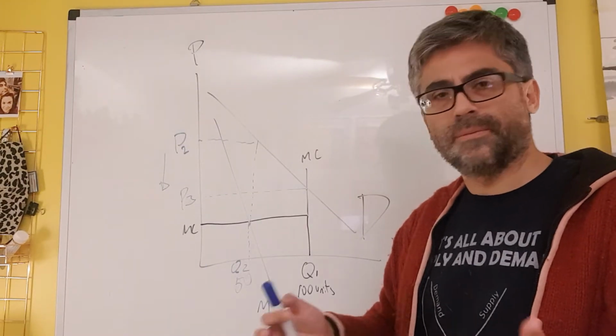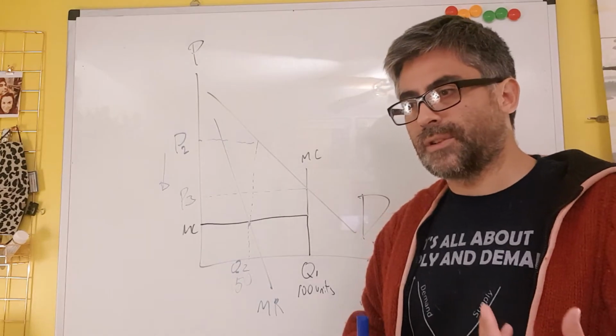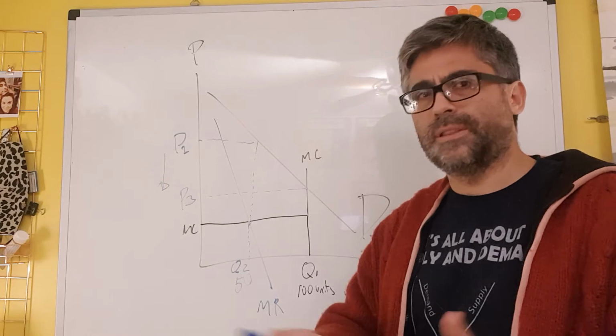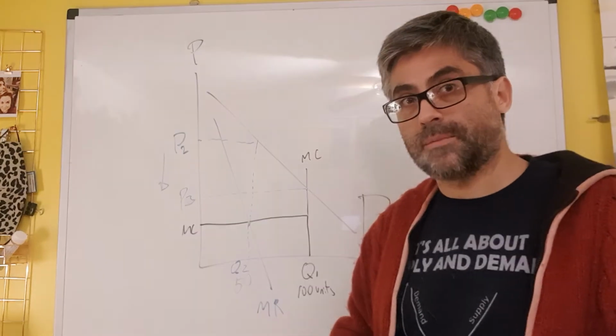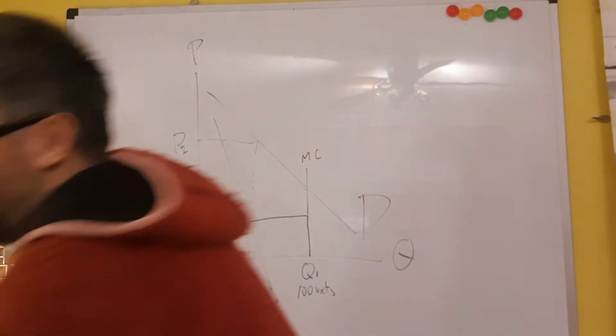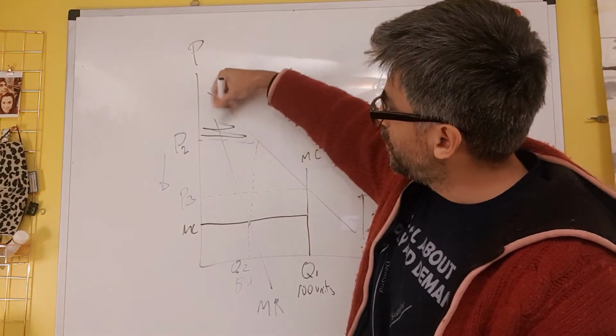And if you intuitively think of it, if the plane is going to take off in a couple of days, you might as well fill the empty seats and get some revenue from it, even though you might not be profit maximizing. So what does this leave us with? Well, number one is this bit here is the consumer surplus.